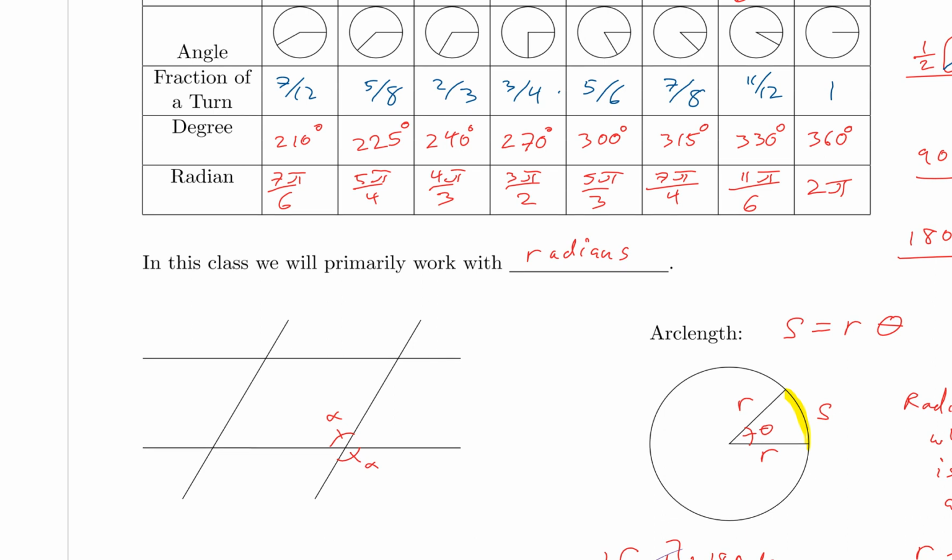And if we have another angle here that we call beta, then the angle over there is also beta. Note that if you swing all along here, you swing 180 degrees. So that would imply that alpha plus beta equals 180 degrees, or pi radians, depending on which unit of measure you're using.